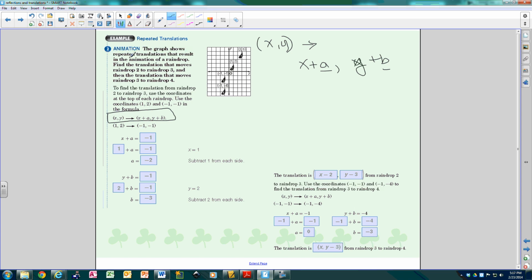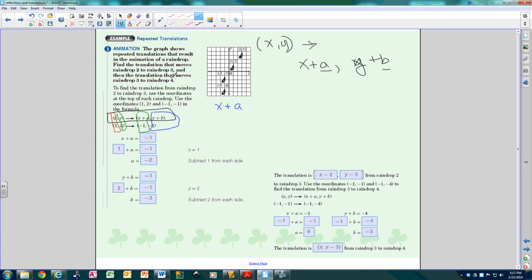So if you'll notice here, and I will do this in different colors, our x value is 1. Our y value is 2. So x plus a is -1, and y plus b is -1. Okay? So what you're going to think about is x plus a. Okay, x plus a is where we're going to end up.